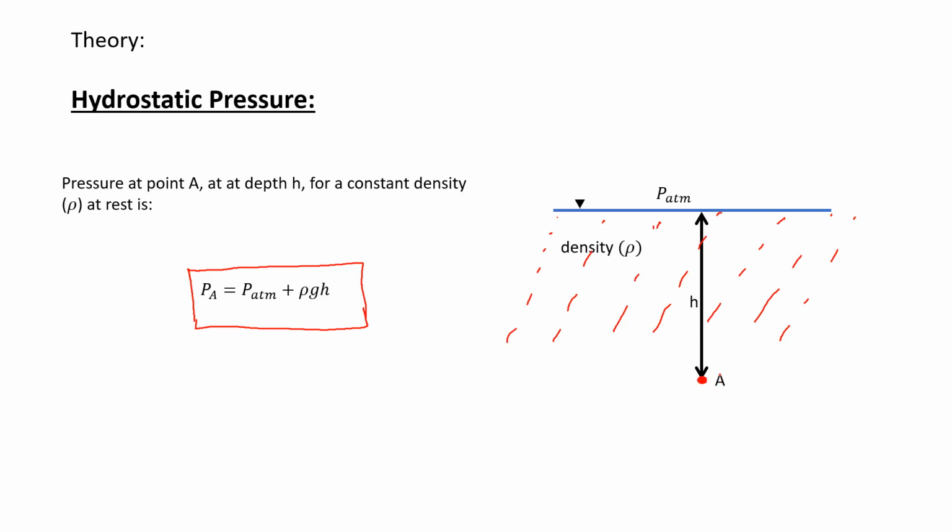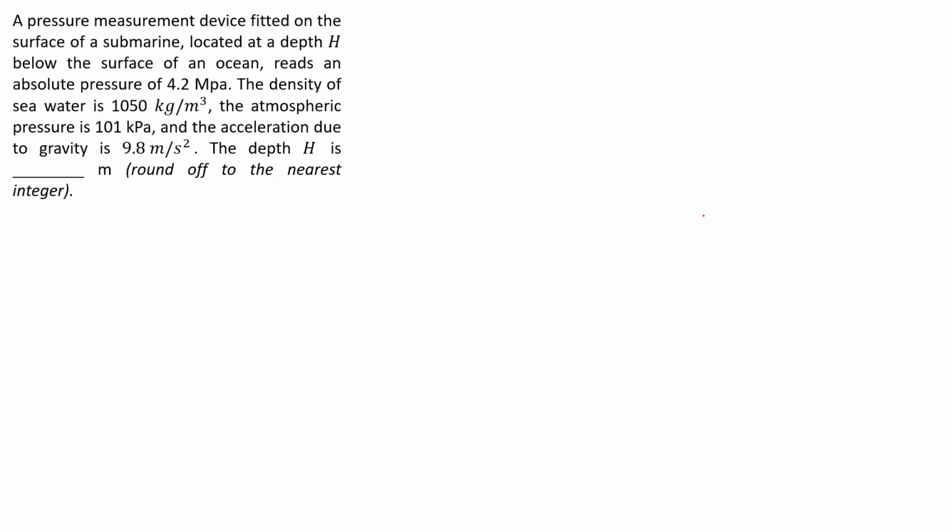For this point A, the hydrostatic pressure will be given by the pressure at the top of the surface, which is the atmospheric pressure, plus rho times g times h, where rho is the density of this fluid, g is the acceleration due to gravity, and h is the height of point A from the surface. That's all you need to know in order to solve this question, just the hydrostatic pressure.